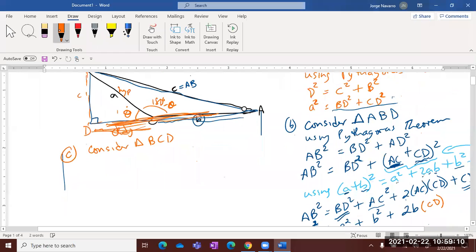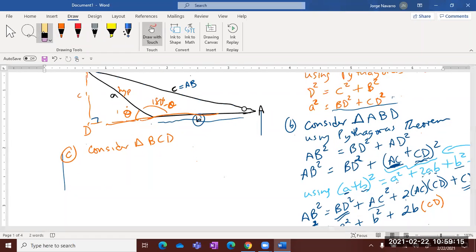So which trig ratio talks about adjacent over hypotenuse? Cosine. So I'm going to be using the cosine ratio.